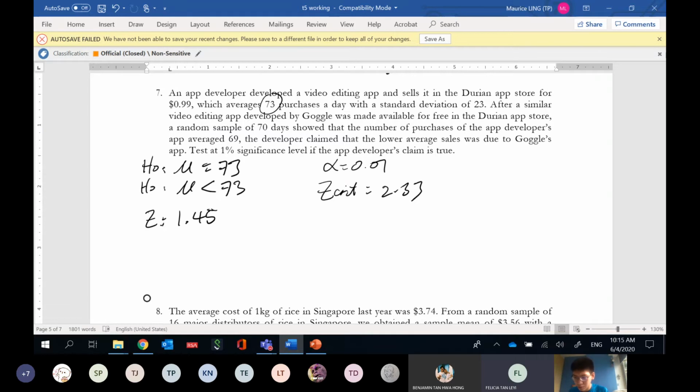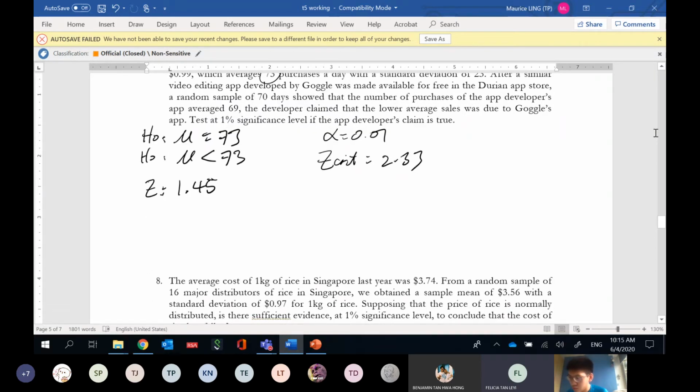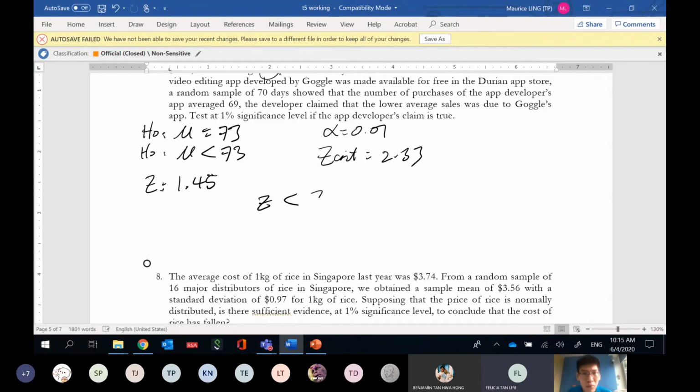So your conclusion? Accept or reject the null hypothesis? Accept. Correct, because your z is less than z critical. You accept the null hypothesis. And what does it mean?